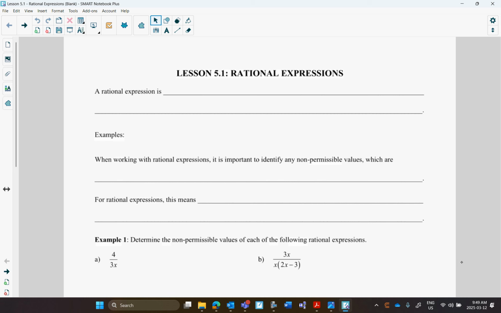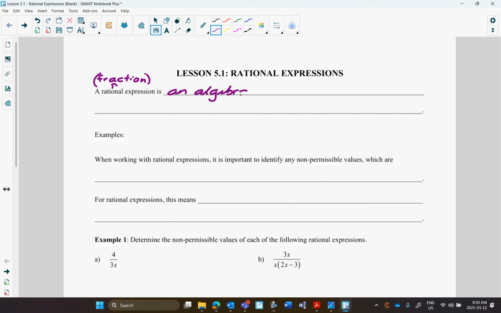Okay, so for my purpose here, a rational expression, whenever you see the word rational, think fraction. So a rational expression is an algebraic fraction, I'll call it.